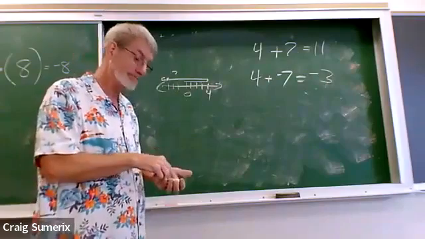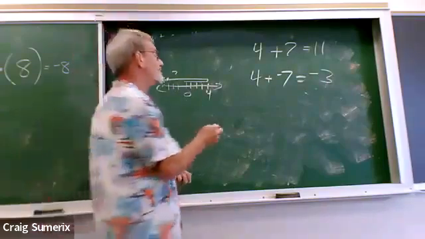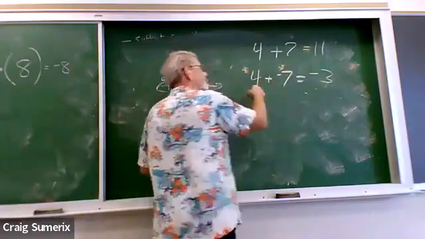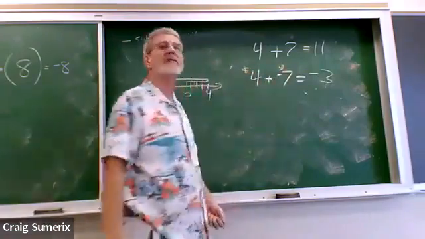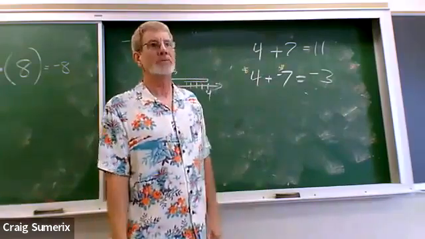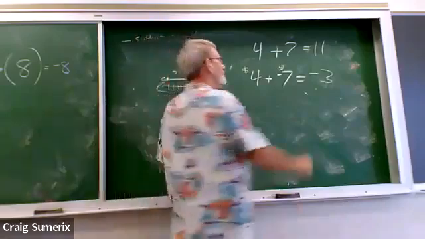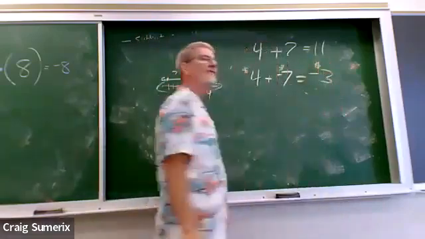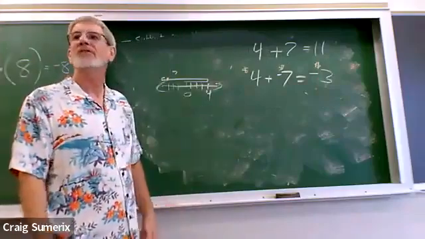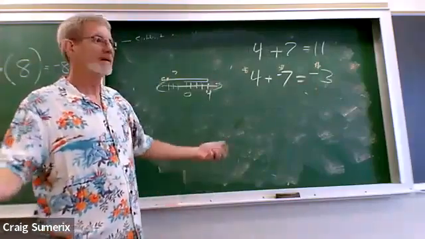Or, how about this? If you have $4 and you owe somebody $7, where you at? You still owe them $3, don't you? Funny, I found over the years that if you put it in terms of money, boom, everybody understands. Because you use it all the time, right?